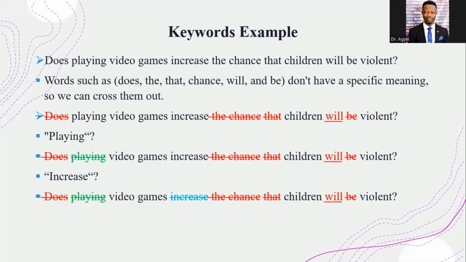So based on your question, you need to start removing certain words. The first thing, words like does, we don't need it. The chance that, we don't need those things. Will and be, we don't need those words, because at the end of the day, those words are not relevant for the search engine or the database to output whatever you are looking for.